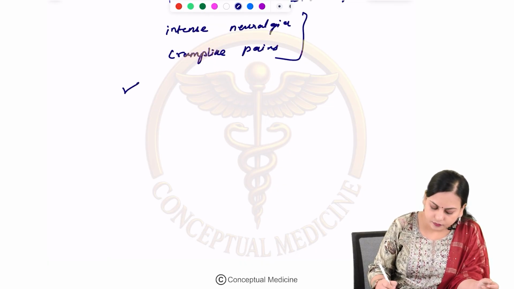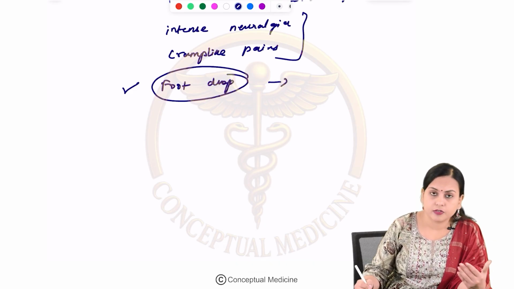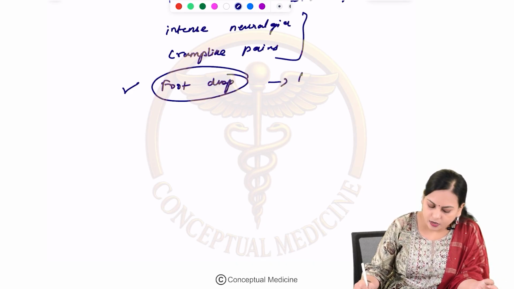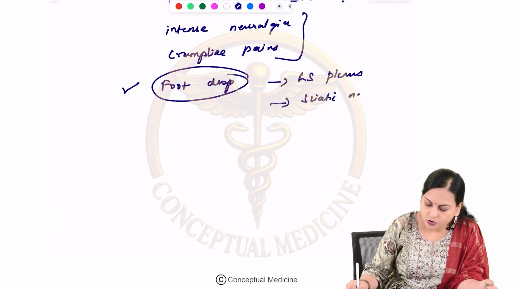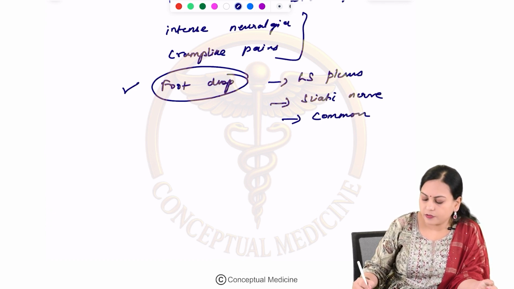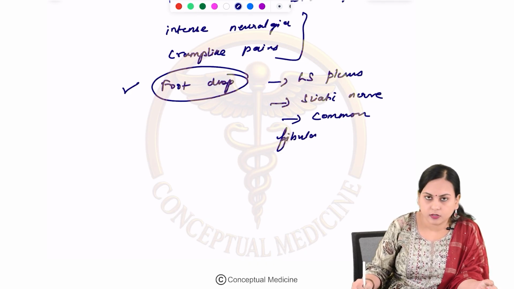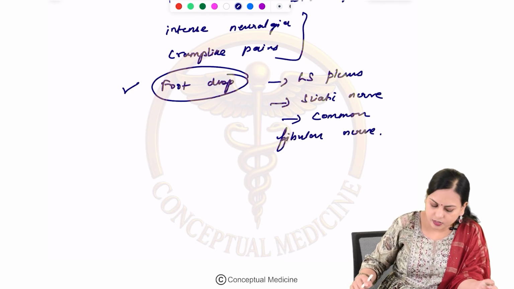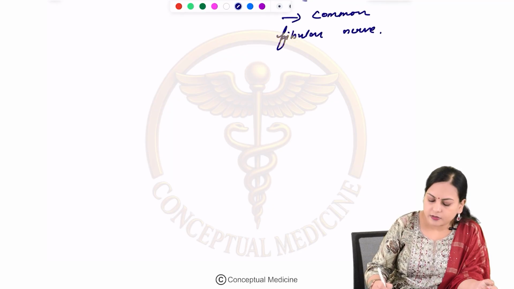And then the most common neuropathy that is seen is foot drop, because of the injury to the lumbosacral plexus, sciatic nerve, or common fibular nerve, right? We will see the risk factors as well.